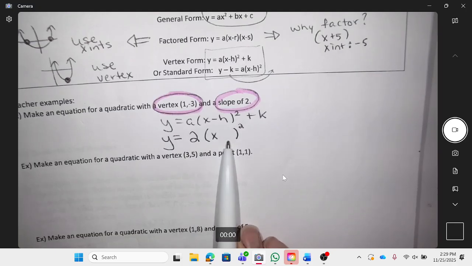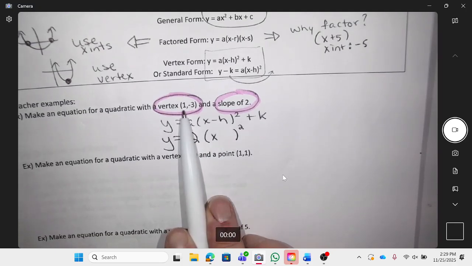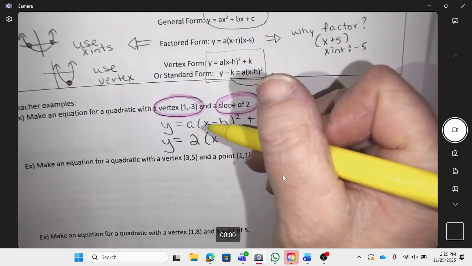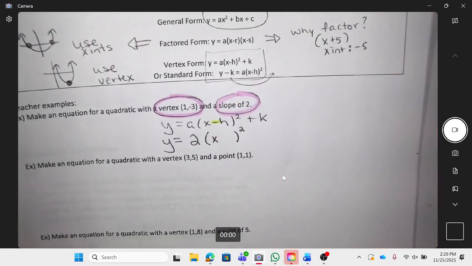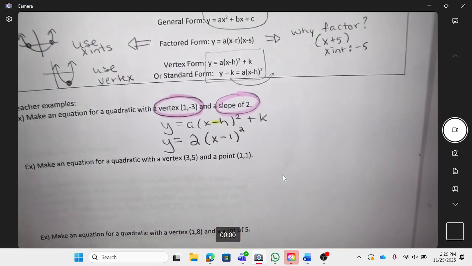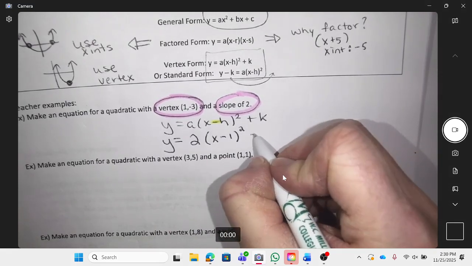What's the vertex x value? 1. What does a subtract sign mean to do in a formula? Opposite. Remember, negative b, do the opposite. So if I see 1, I'm going to go subtract 1 and then subtract 3.